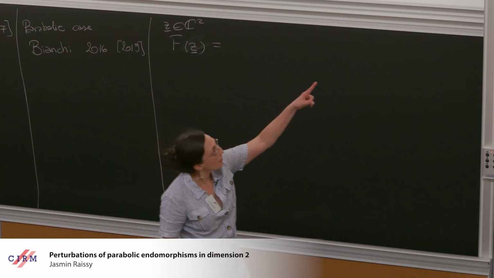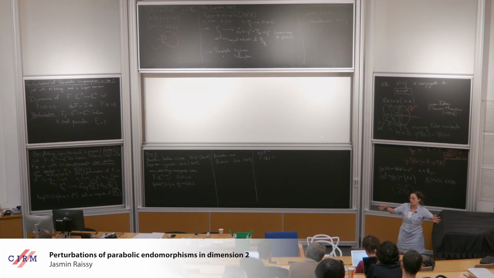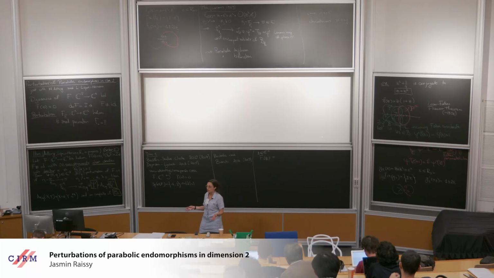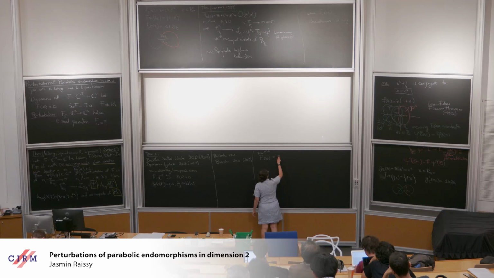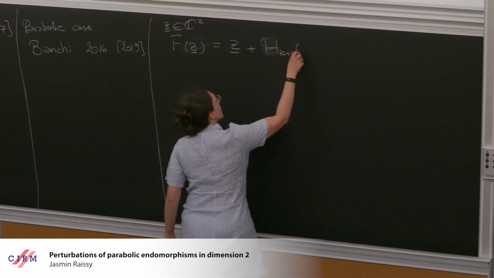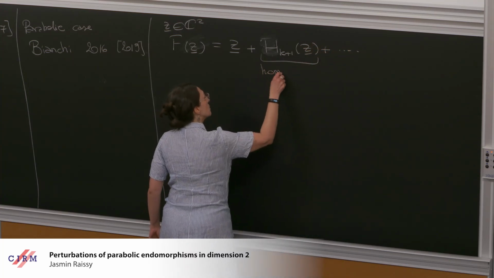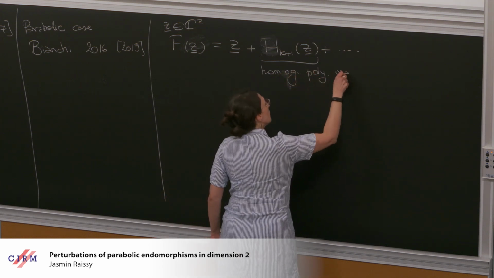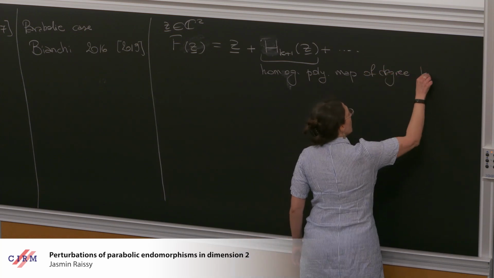How do you write it? Over there, I wrote it like the identity plus the first nonlinear term. When you go to C2, you don't have just one nonlinear term. You have several nonlinear terms, but you can regroup them. So I'm going to write Z plus H_{k+1} of Z plus etc. This is going to be a homogeneous polynomial map of degree k plus 1.